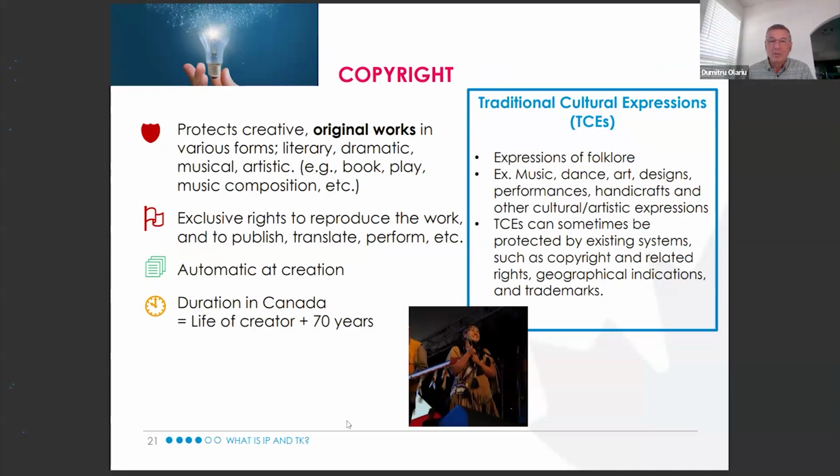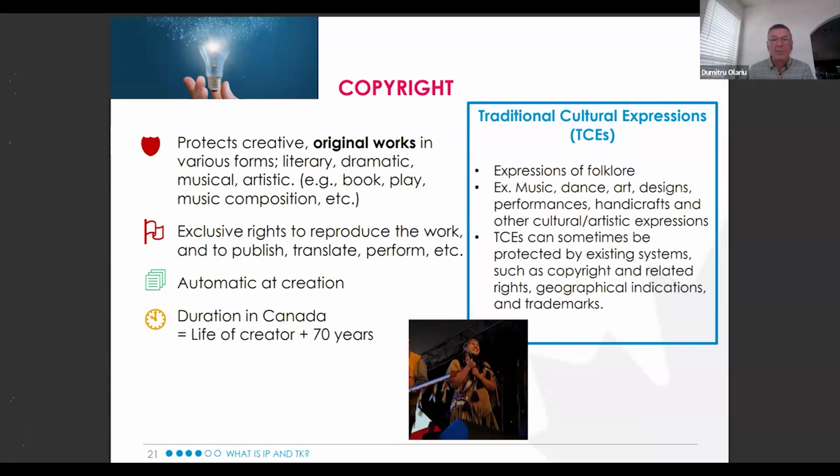So here we talk about copyright. That's a form of IP that is very much applicable to the creations from traditional knowledge. What can be protected by copyright are original creations from the cultural field, I mean original literary, dramatic, musical, and artistic creations. Keep in mind they have to be in a fixed form. That's quite important.